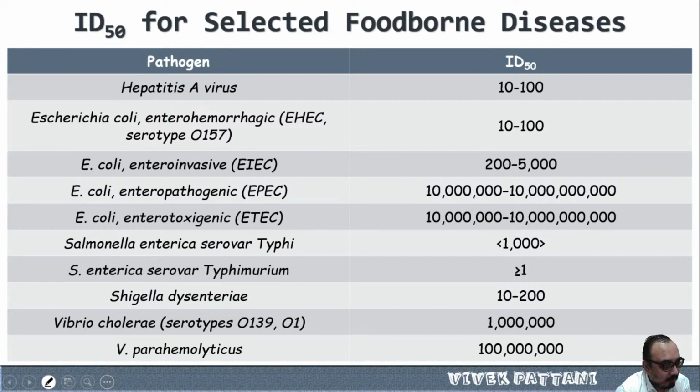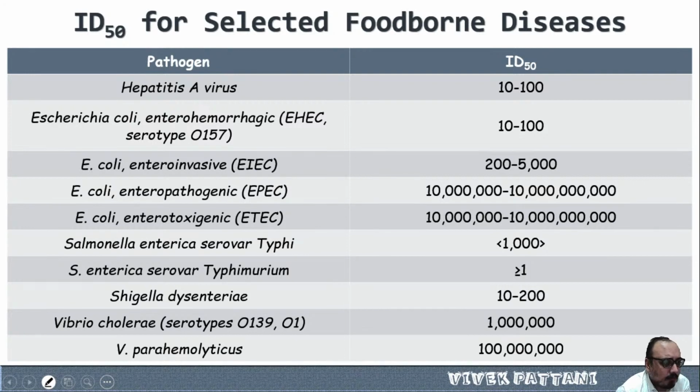The mortality rate in the case of Typhimurium was hardly 1%, but with the higher ID50 dose, which requires more organisms to cause disease, in the case of serotype Typhi the mortality rate is higher, as high as about 10%. So this is the difference.